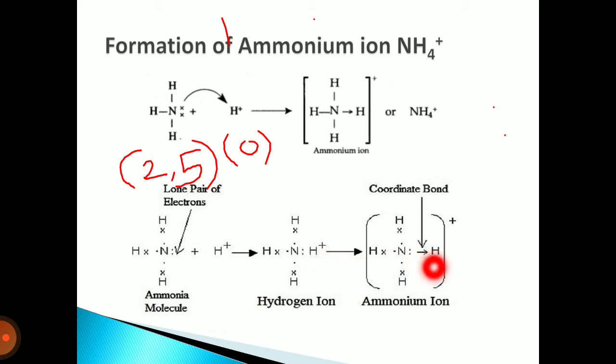It is represented by an arrow headed towards the acceptor atom, starting from the donor atom. This bond is called a coordinate covalent bond or dative bond.